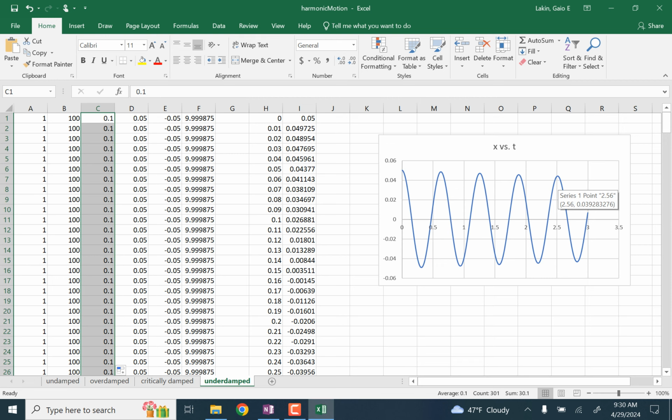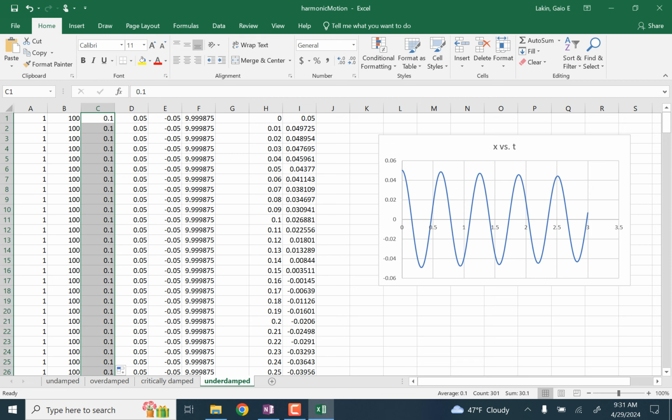Okay. If we wanted to see this behave very much like the critically damped case, what number would we want to make this c equal to? Yeah, well, remember, the key thing is that c squared is less than 4km. 4km is bigger than c squared. Okay, so 4km is 4 times 1 times 100, so 400.